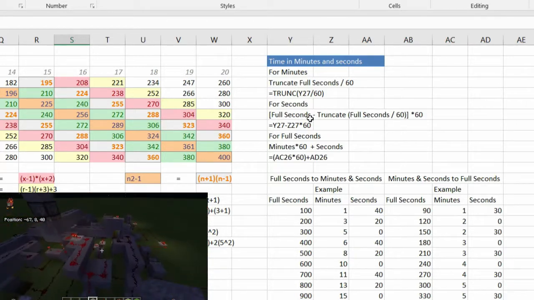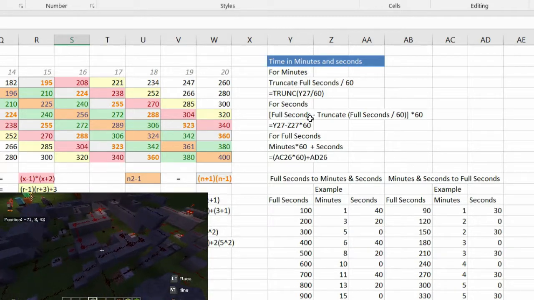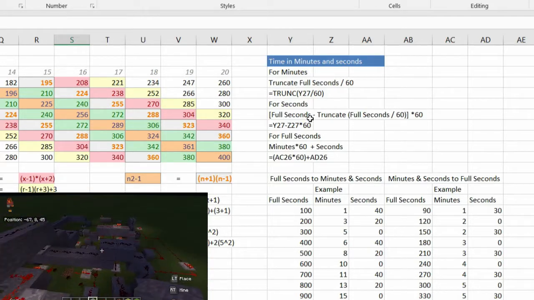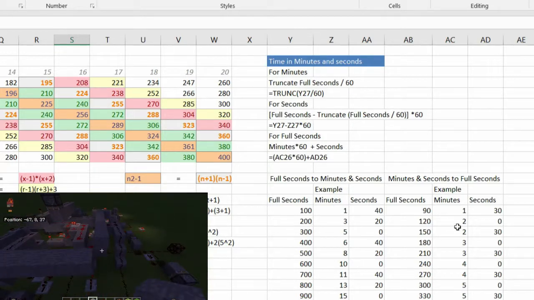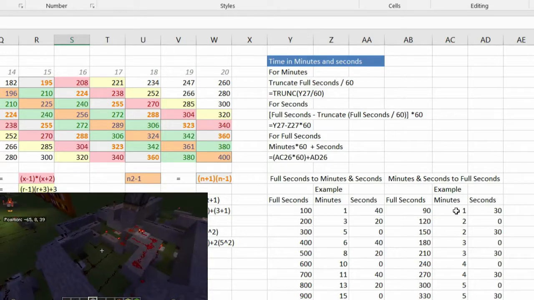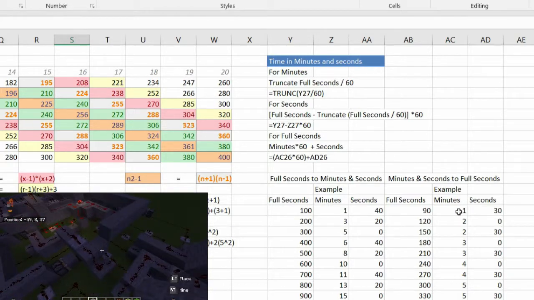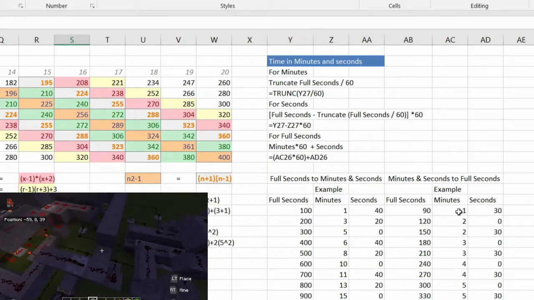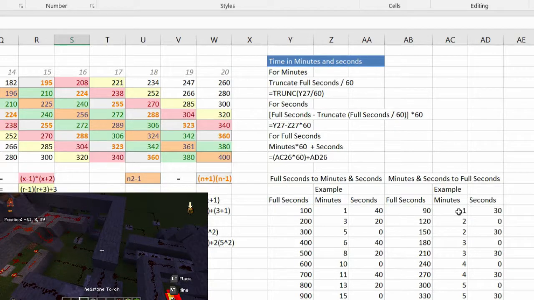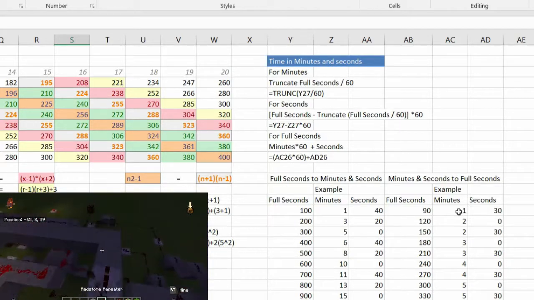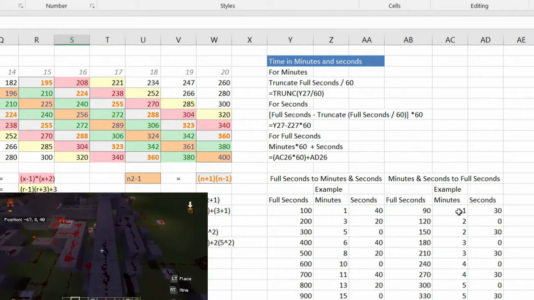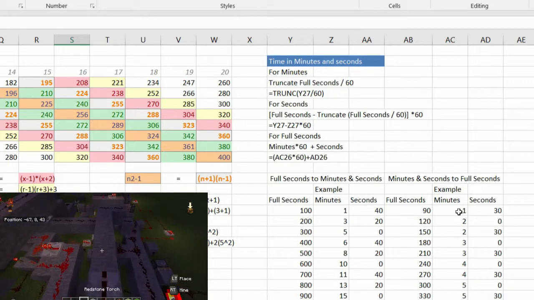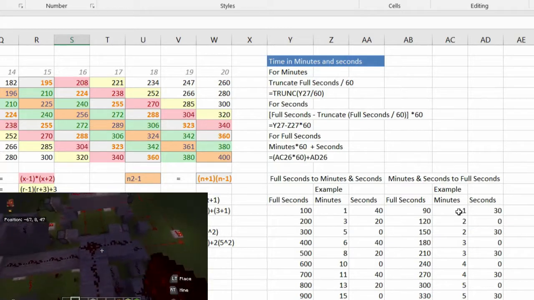You have to take the full seconds minus the truncated version of the full seconds divided by 60, and then multiply that by 60. So basically, for example, if you had 6.66 as your answer, you're subtracting the 6, and then you're multiplying the 0.66 times 60, and that would be your value of seconds.